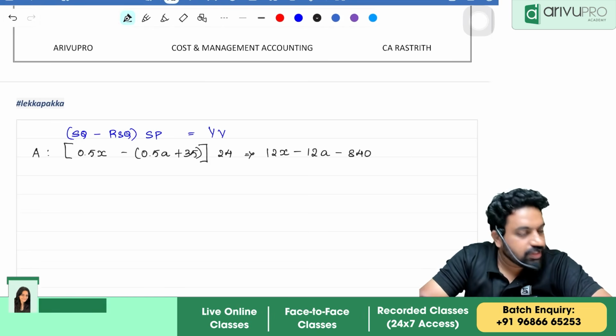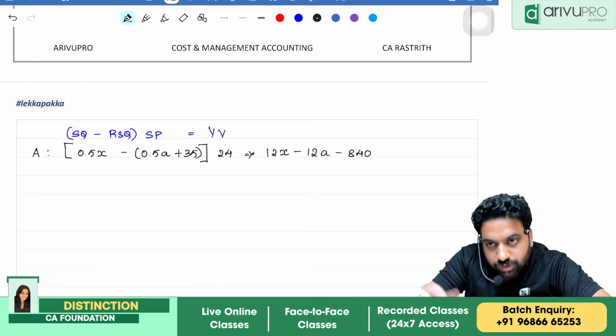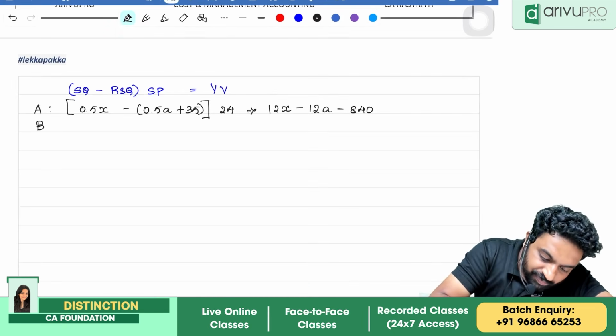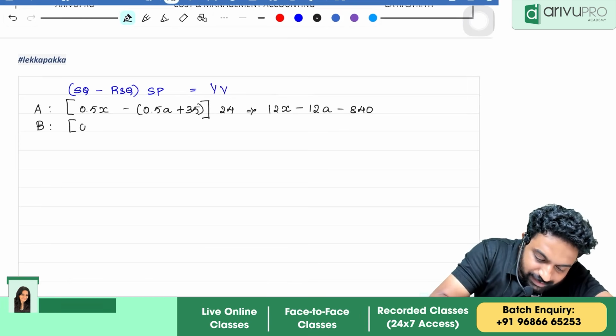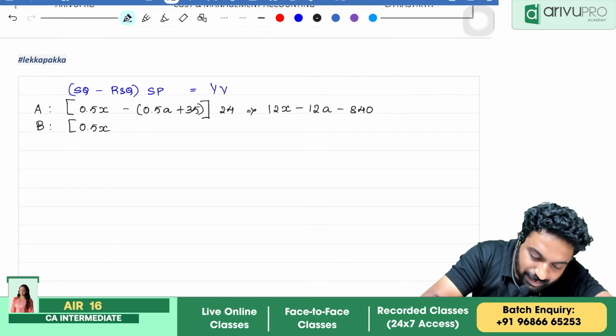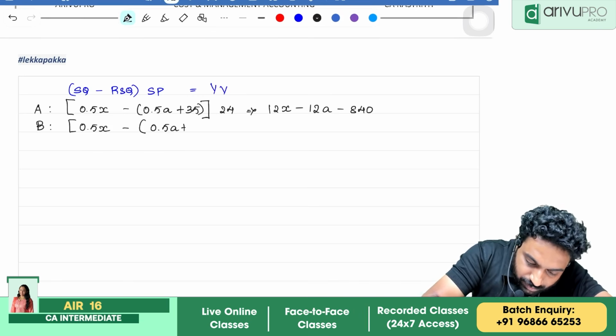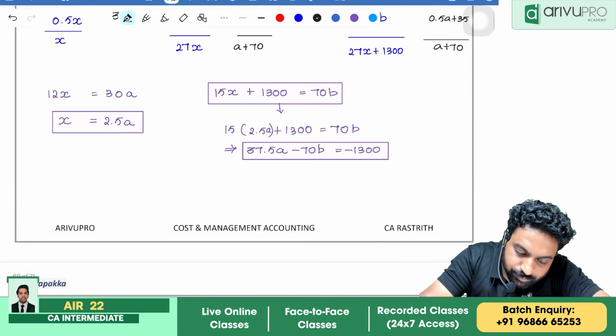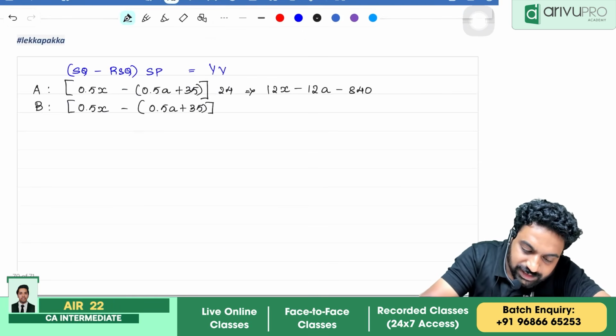Not only A, we have to take B also. Now, B. What is the standard quantity? 0.5x minus revised standard quantity, 0.5a plus 35, into 30, the standard price.